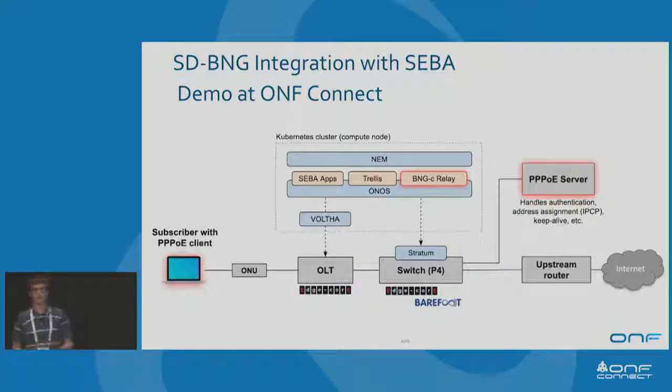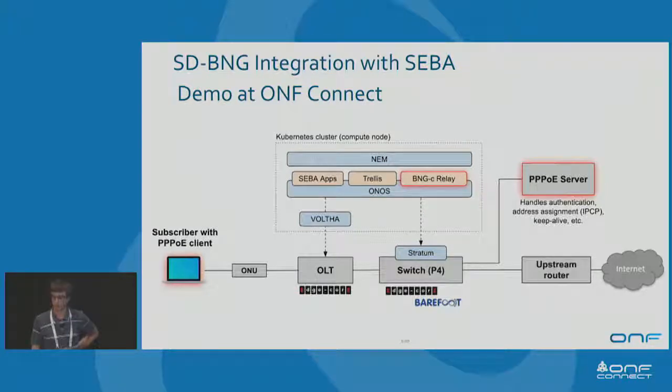We already implemented a proof of concept that is actually demonstrated at ONF Connect. In this case, we implemented the BNG-C as a relay application that is relaying packets received from the subscriber PPPoE client, just control packets, to an external PPPoE server. The PPPoE server is a standard open source implementation available as a package on Ubuntu.